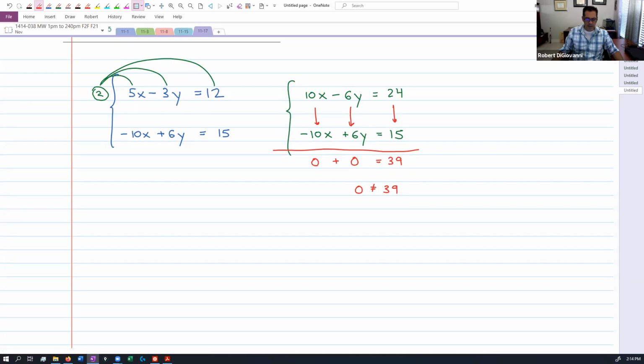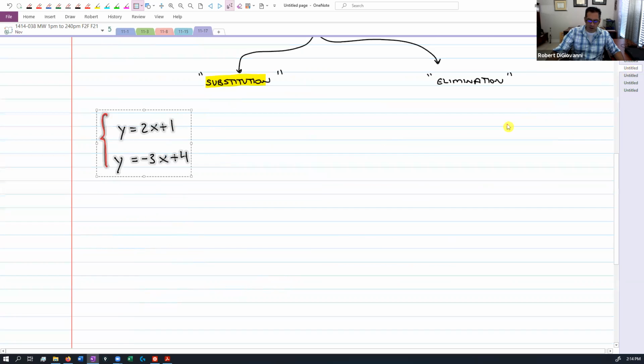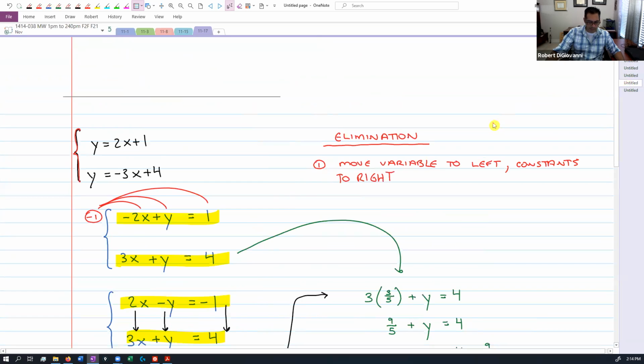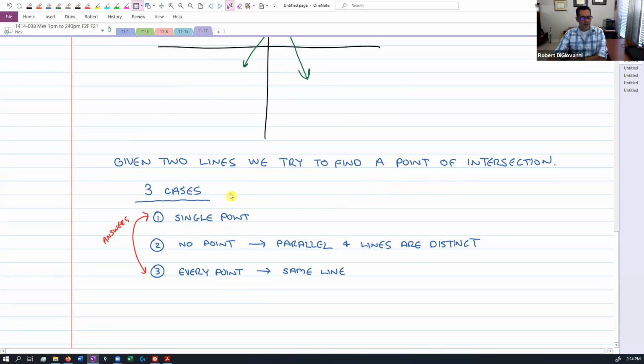What's going on? Did we mess up? What do you think? The lines are parallel. Yeah, so remember we said that there are 3 scenarios that could happen. One case is that you're going to have a single point.